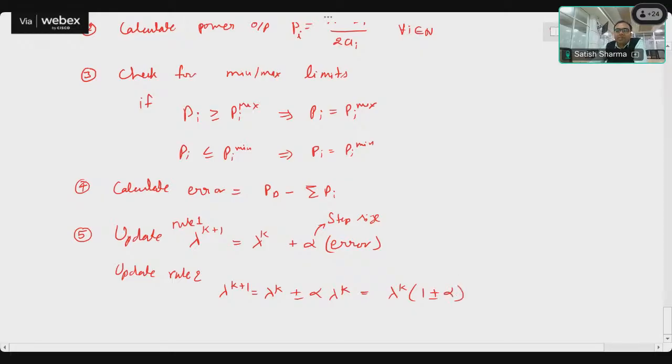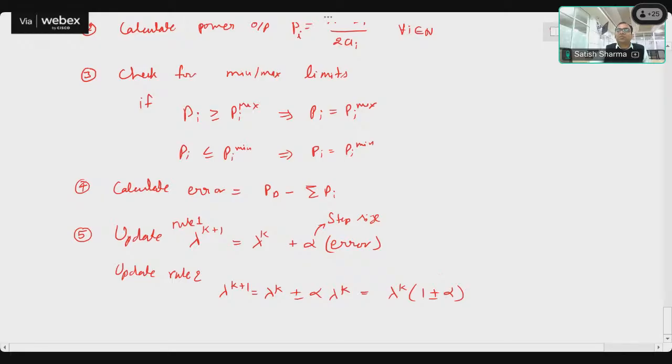So if I take the value of alpha here as 0.1 and it is being added, it will become 1.1, so we are increasing the lambda by 10%, and otherwise we are decreasing the lambda by 10%. So depending upon the error, whether it is positive or negative, we will use either the positive or negative sign. That's why I have placed both positive and negative.